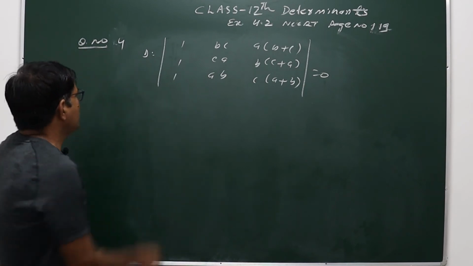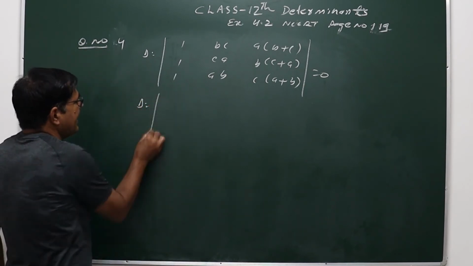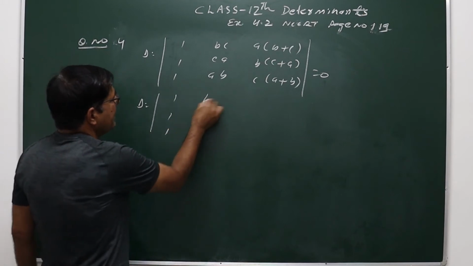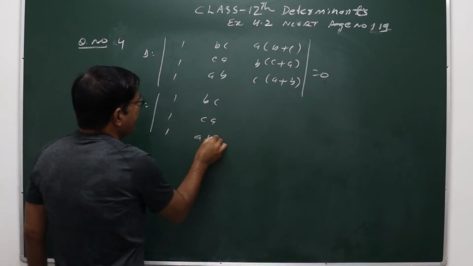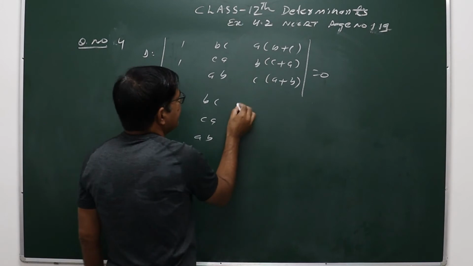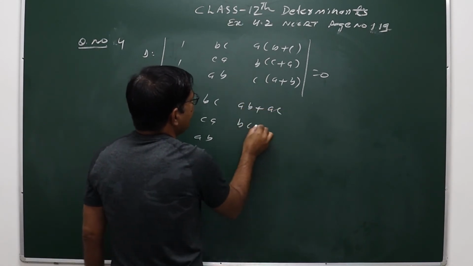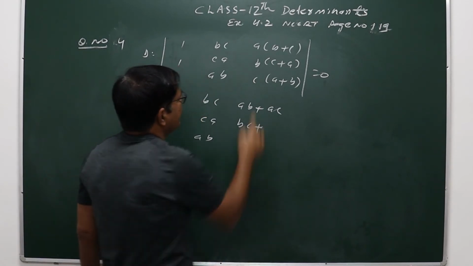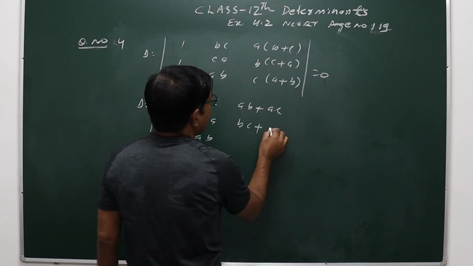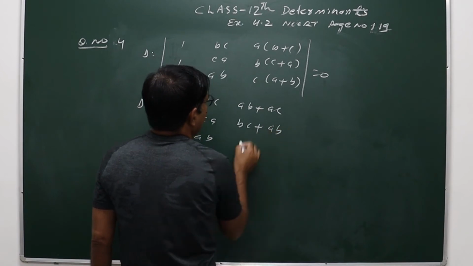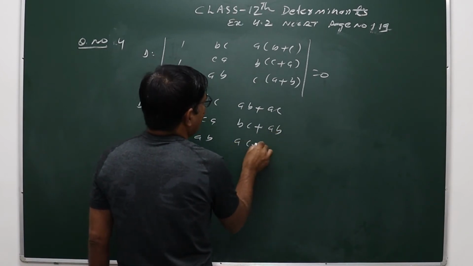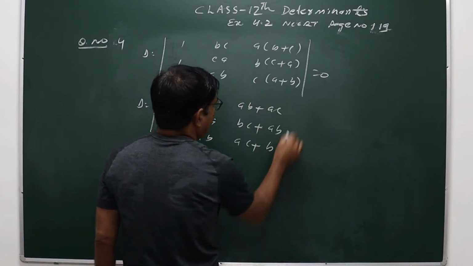So first of all we will write this determinant as 1, 1, 1, BC, CA, AB, and we will multiply inside. So AB plus AC, BC plus AB, and AC plus BC.